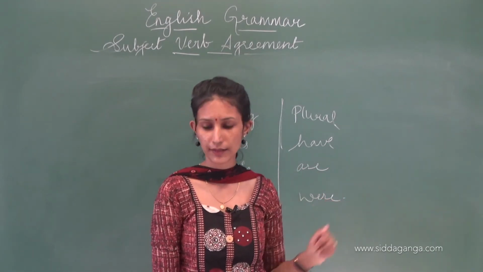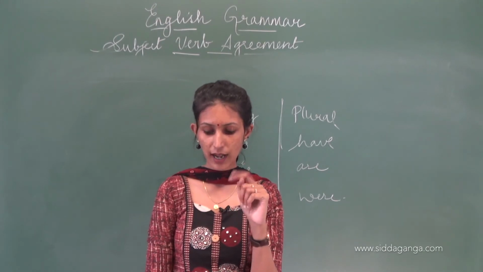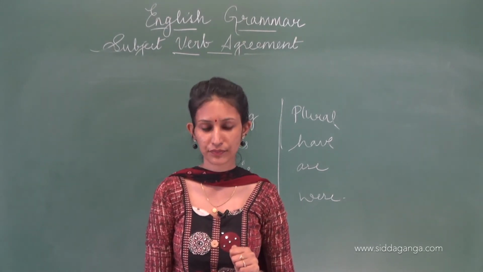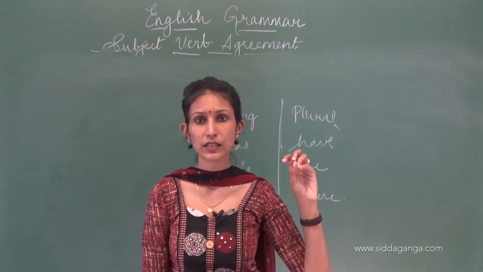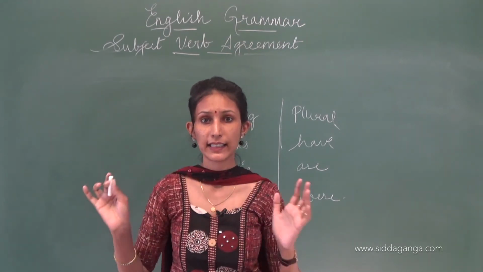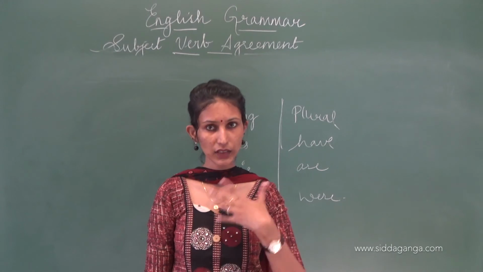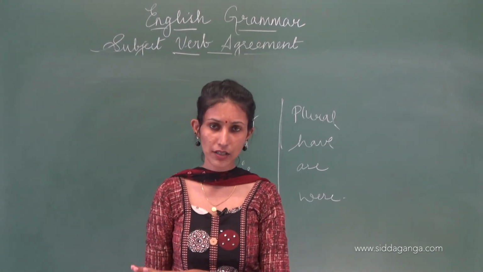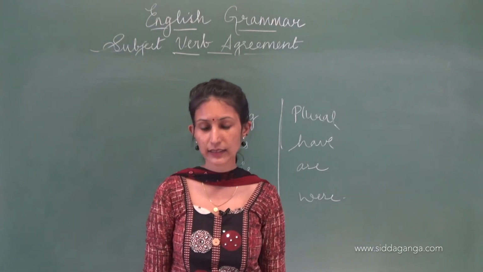Is, are. Neither Gopal nor Suresh is meeting. Neither. It is not both together, not Gopal and Suresh together. Neither Gopal nor Suresh. Not Gopal, not even Suresh attends our meetings.